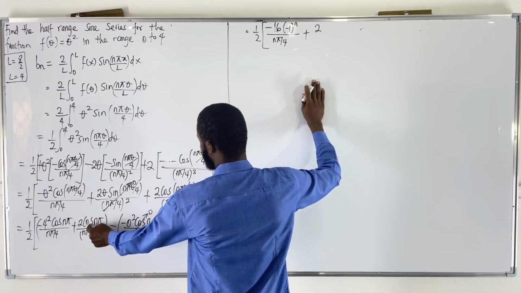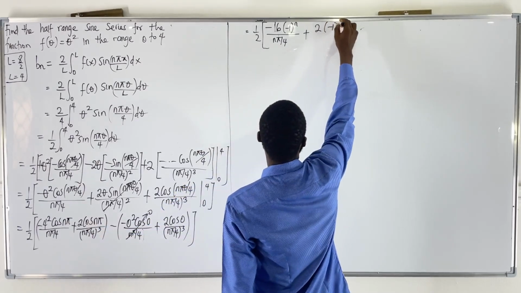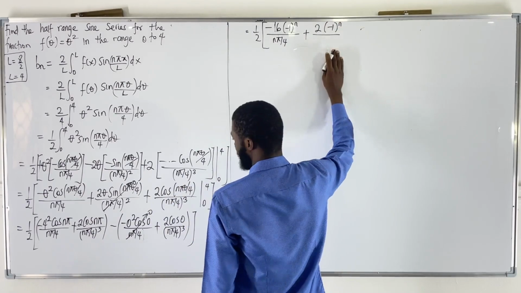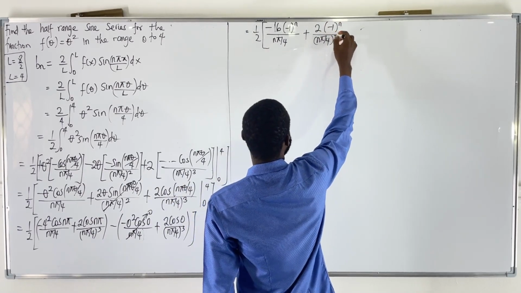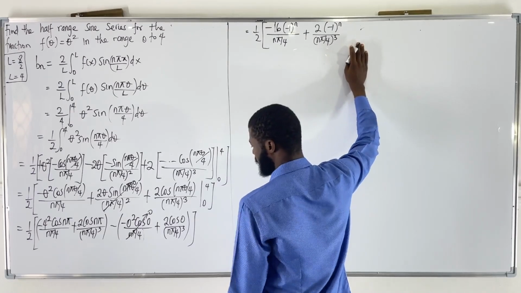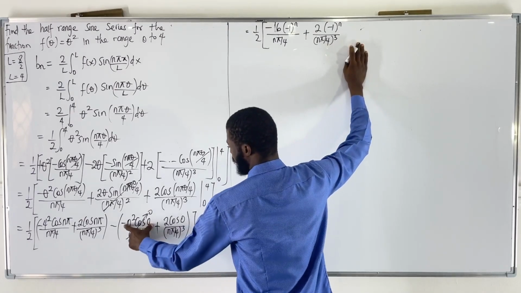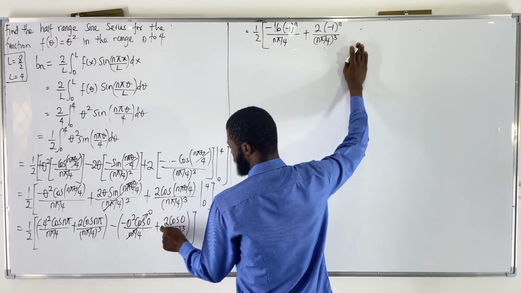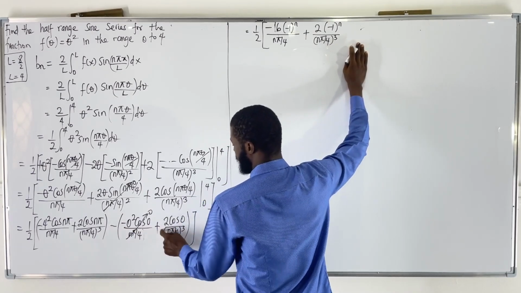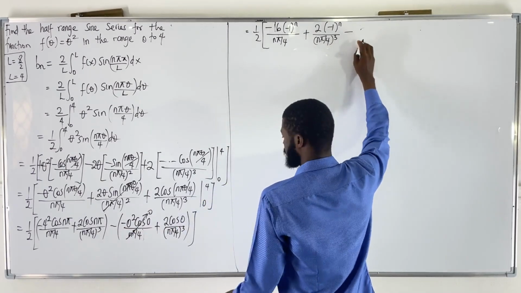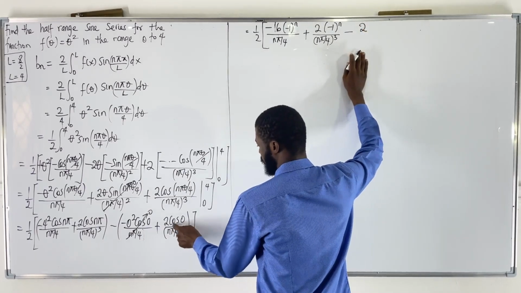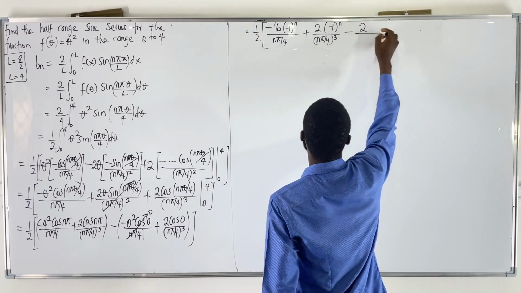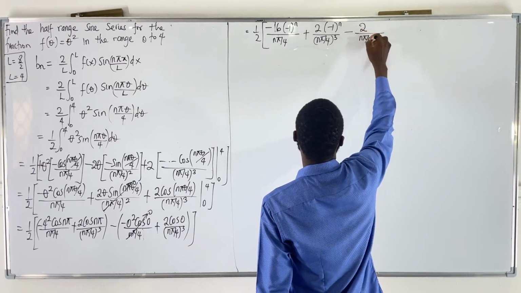This right here, cos n pi again, is (minus 1) to the n, divided by (n pi over 4) cubed. And then, for this one, this is 0 already. So minus times the second part will give us minus 2. Now remember that cos 0 is 1. Then divided by (n pi over 4) cubed.